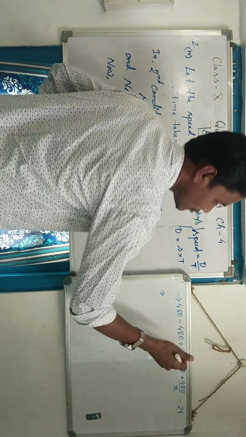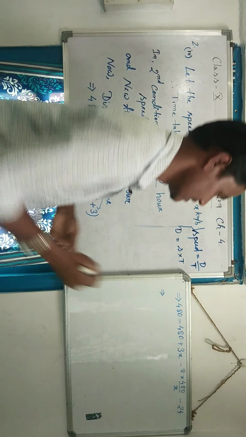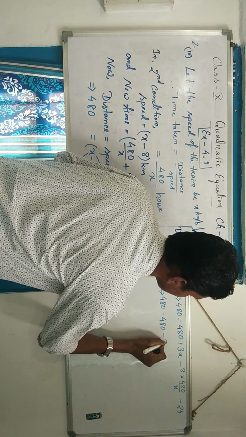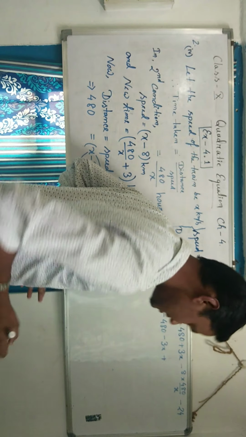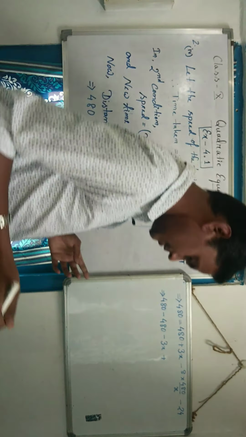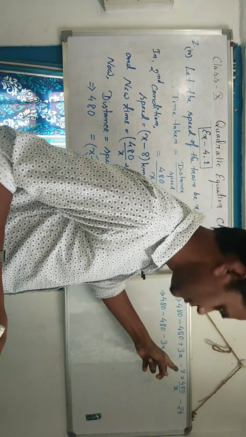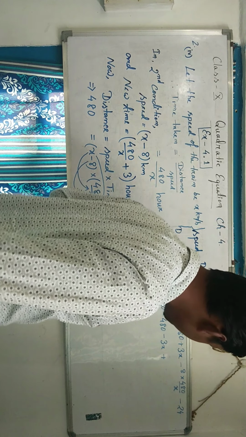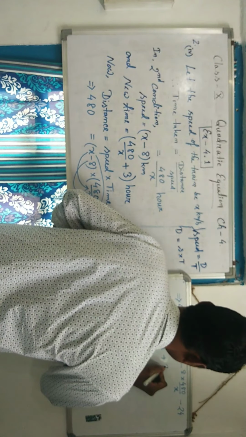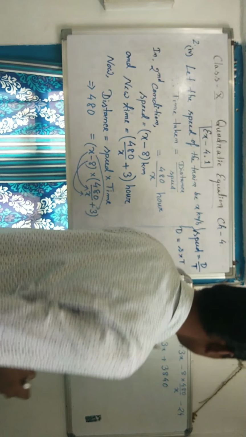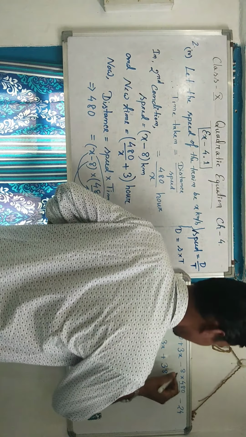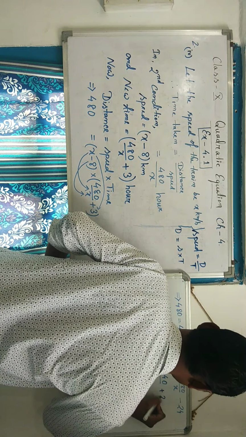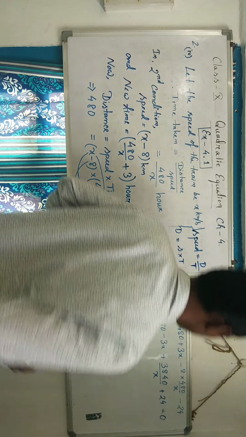So now I will transpose all the terms to the left hand side. So 480 minus 480 minus 3x plus 8 into 480 by x, which is 3840 by x, minus, it will be plus 24, is equal to 0.